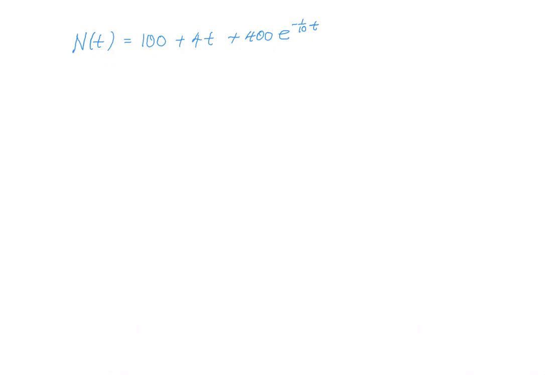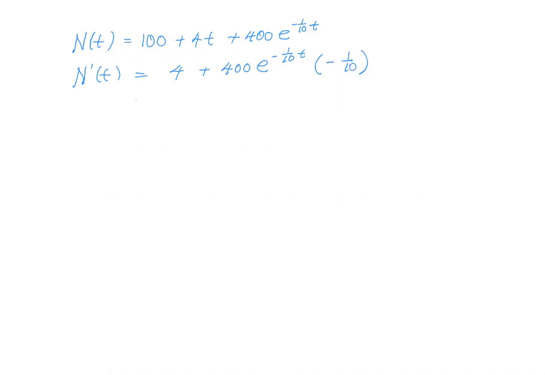So we have to do this algebraically, right? Yes. Please do it algebraically. So you find your n prime t first. So it's 4 plus, copy down the whole thing, times by the derivative of the power.